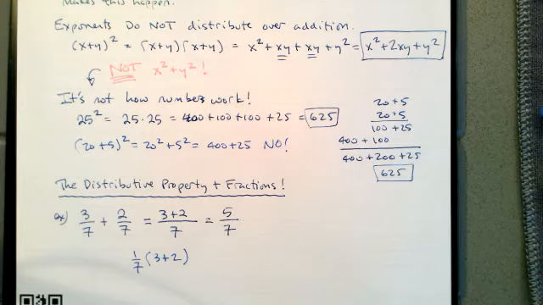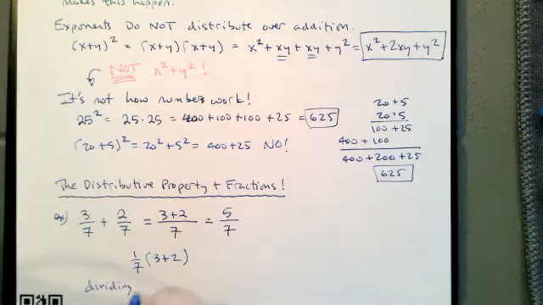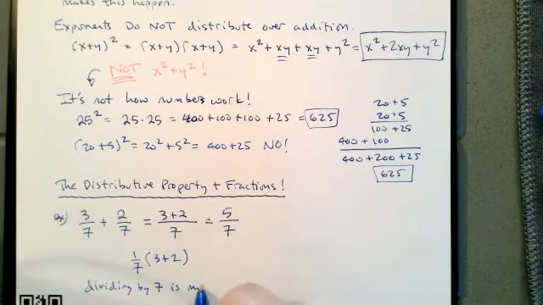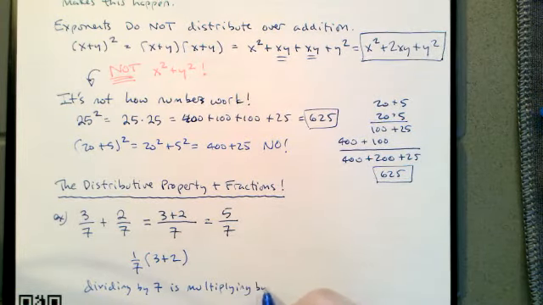Dividing by 7 is the same as multiplying by 1/7. That's because 7 and 1/7 are reciprocals. So dividing by one is multiplying by the other.